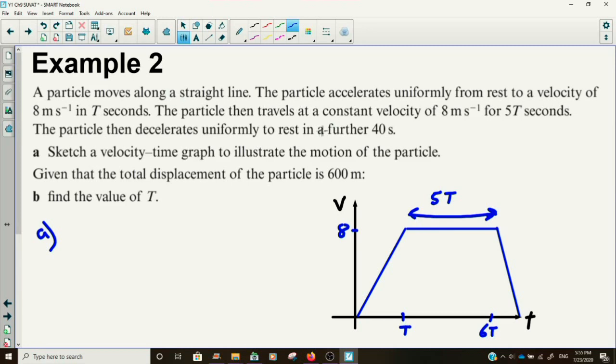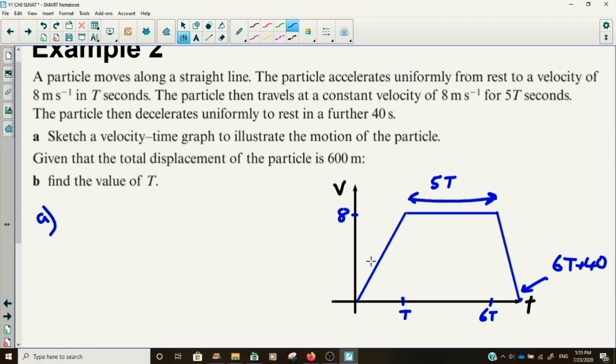And then decelerating in another 40 seconds till the particle comes to rest. So this point here, let's just put a little arrow there, that's going to be 6t plus 40. There we go. That's everything that you would need to include on the sketch.